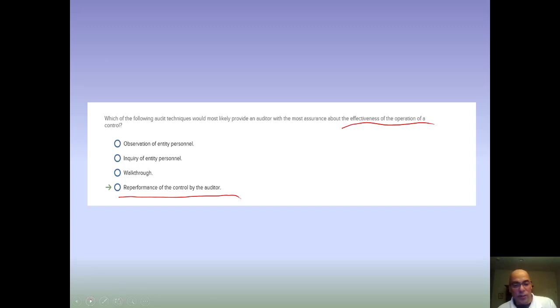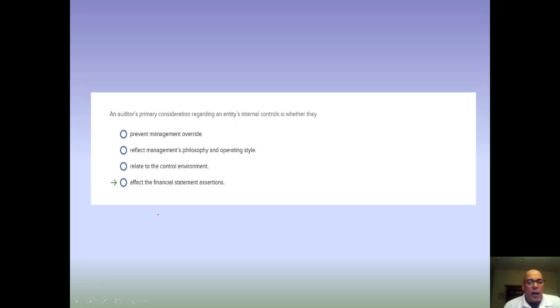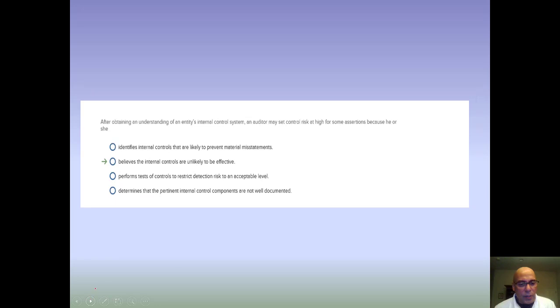Our primary consideration regarding an entity's internal control is, obviously, we do everything around the assertions. Everything we do is around those assertions, right? After obtaining an understanding of the entity's internal control system, an auditor may set control risk at high for some assertions because he or she believes the controls are unlikely to be effective.